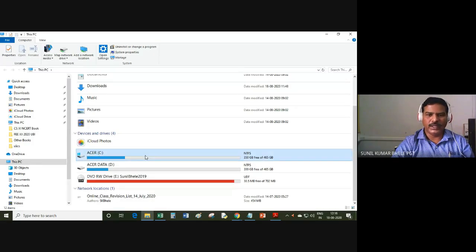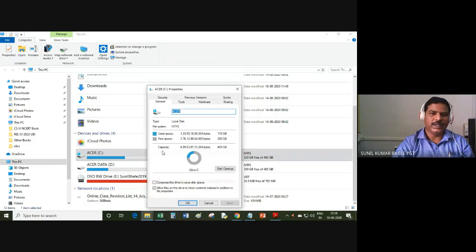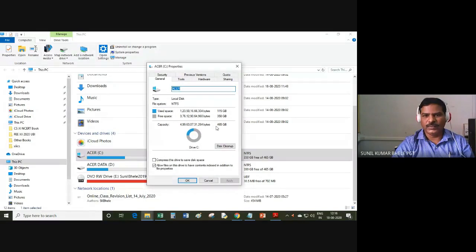If you right click on that drive letter, you can see the properties, and inside the properties you can see the size of the hard disk. It is showing 465 GB, the total capacity of this C drive. I have a 1 terabyte hard disk installed in this computer system, and that hard disk is divided into two logical partitions, one 465 GB and another 465 GB.